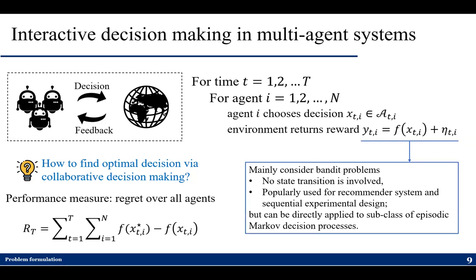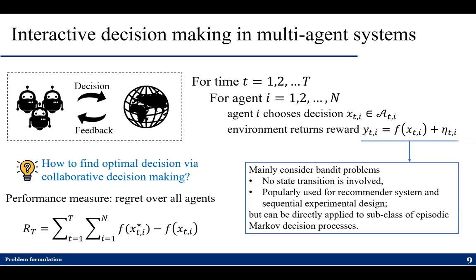Here is where I mentioned the difference. In most of my research, I work on bandit problems, so no state transition is involved. That's why I said general multi-agent reinforcement learning is a more general concept than what I did here. But the bandit problem itself has pretty broad applications.